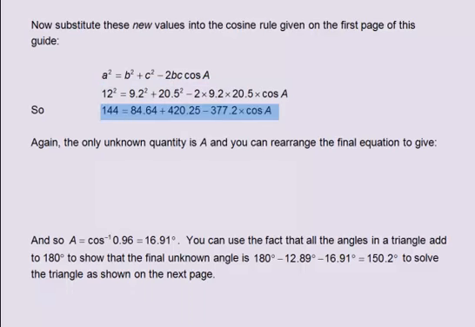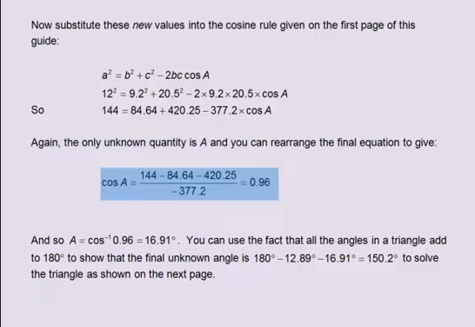So 144 equals 84.64 plus 420.25 minus 377.2 multiplied by the cosine of uppercase A. Again, the only unknown quantity is uppercase A, and you can rearrange the final equation to give the cosine of uppercase A equals 144 minus 84.64 minus 420.25 all divided by 377.2, which equals 0.96.